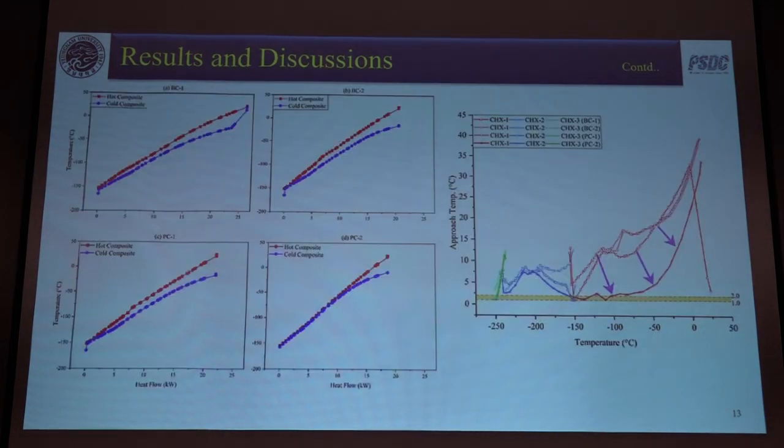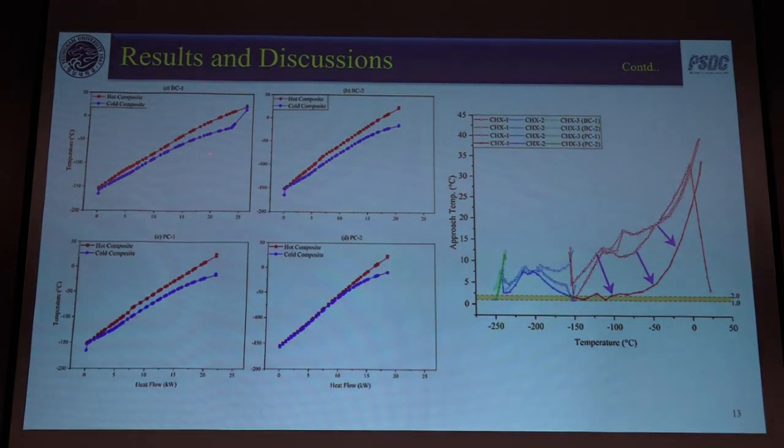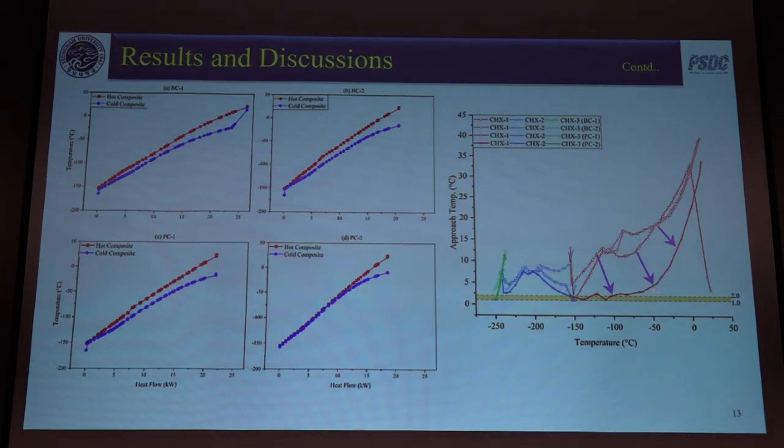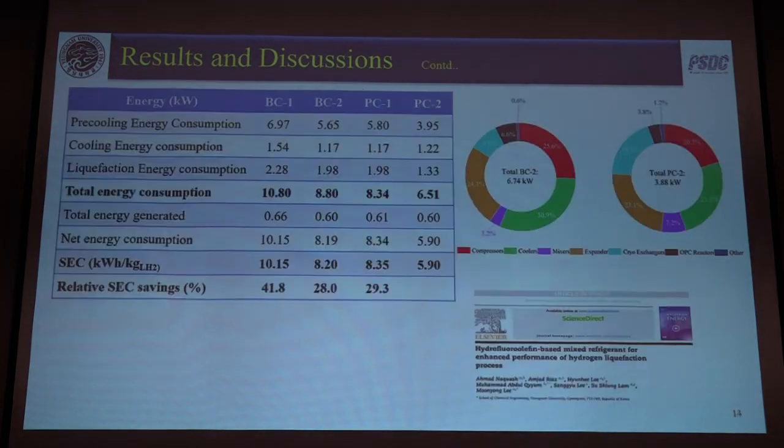In terms of the composite curves, this was the first case that we had, and in the final case we reduced the gap even on this side as well. For the approach temperature, previously it was around here, and we reduced this gap down to this particular point, which means that we have reduced the energy consumption in this section.